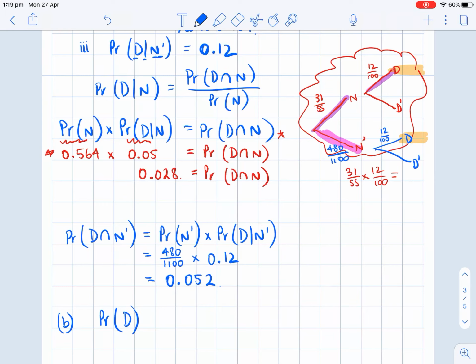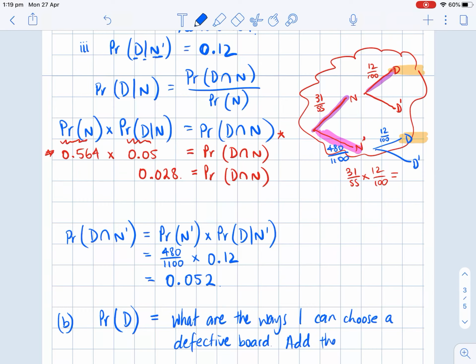So the probability of being defective is, okay, what are the ways I can choose a defective board, and then add them together.